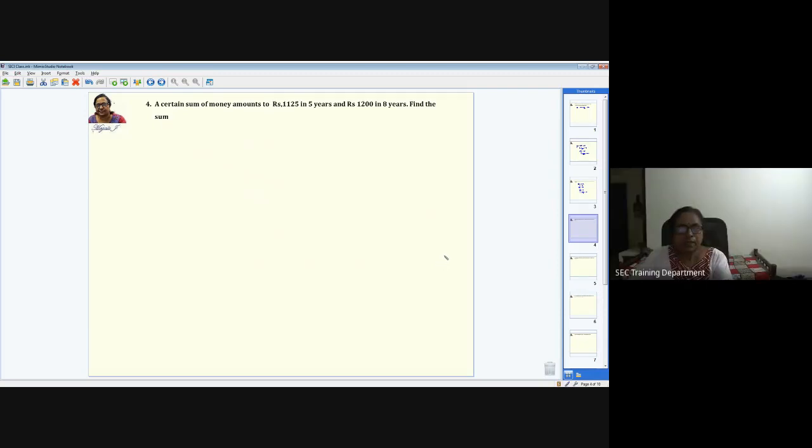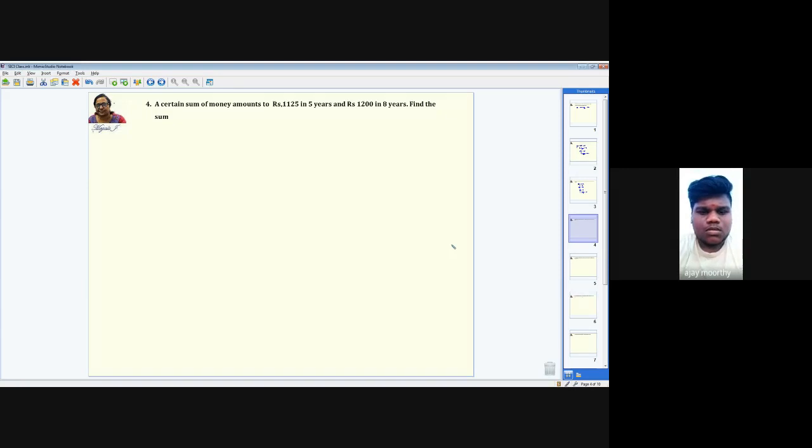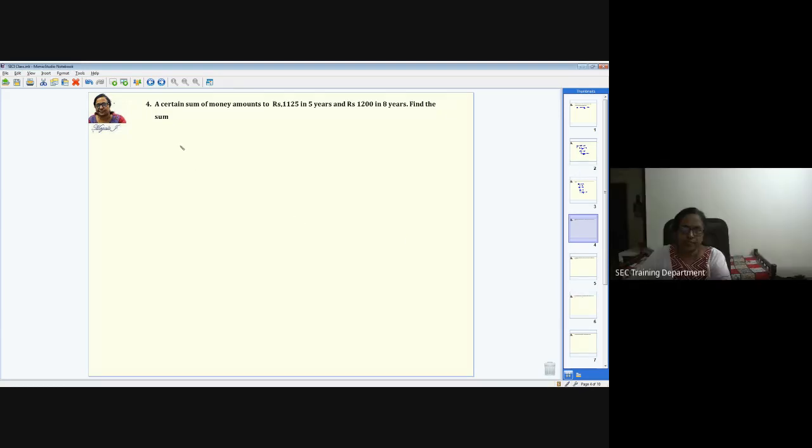A certain sum of money amounts to rupees 1125 in 5 years and 1200 in 8 years. Find the sum. You just give me the idea like what you're supposed to do here.